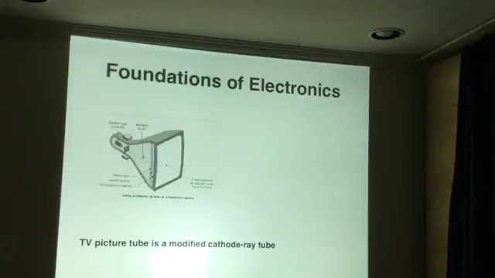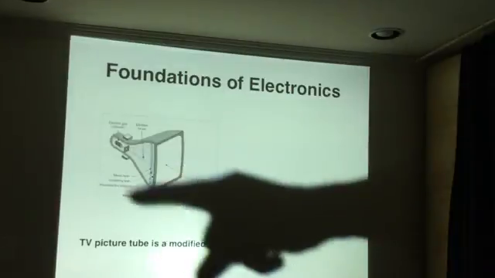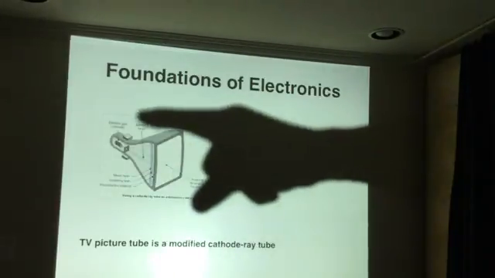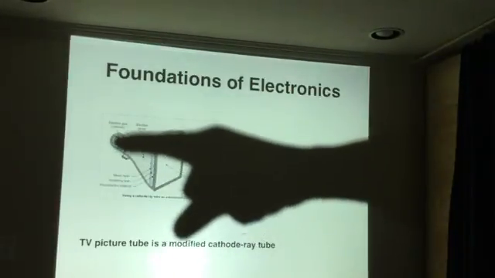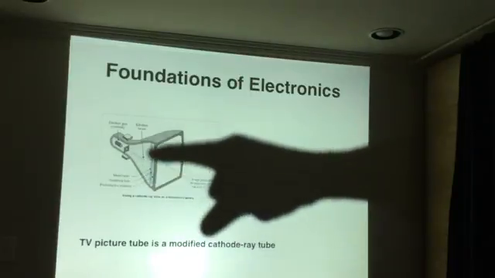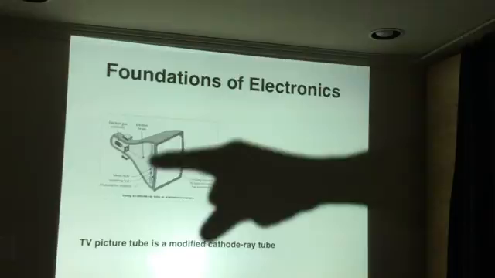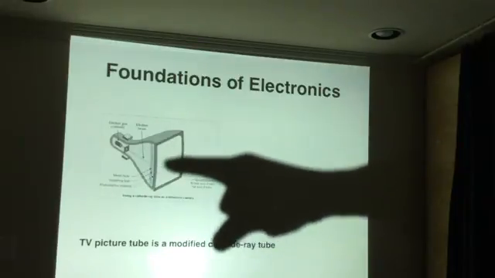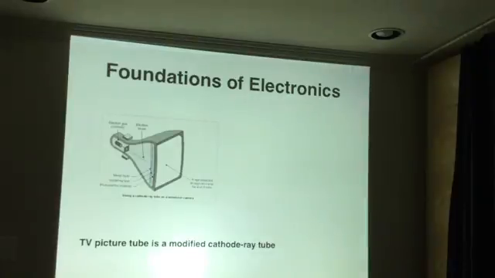So here's the TV picture tube as it used to be made, and here's the cathode, the electrons, and then it is variously deviated by different interventions and fields in this area, and then what shows up is the picture on that area.